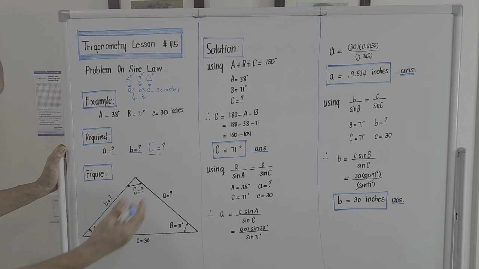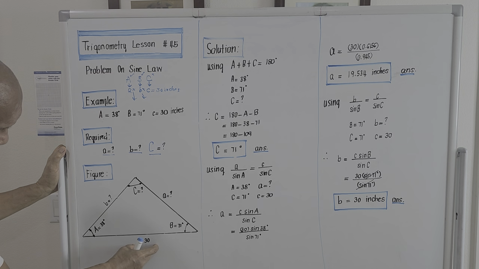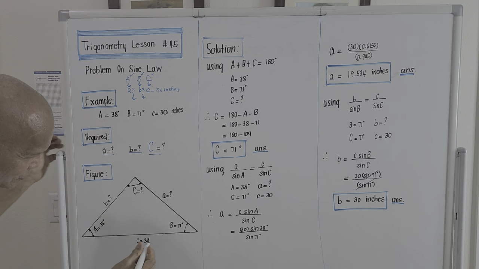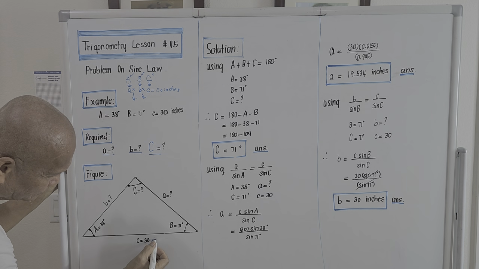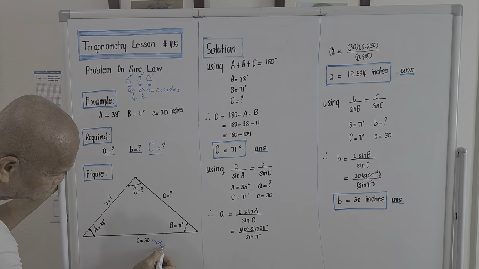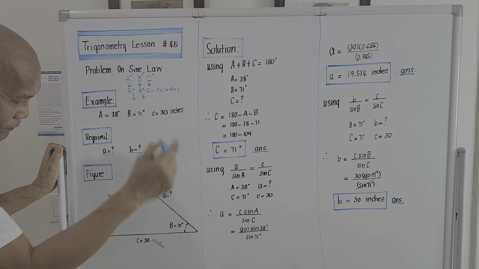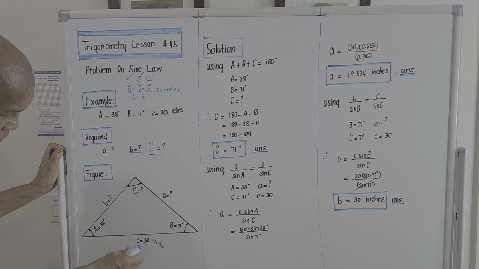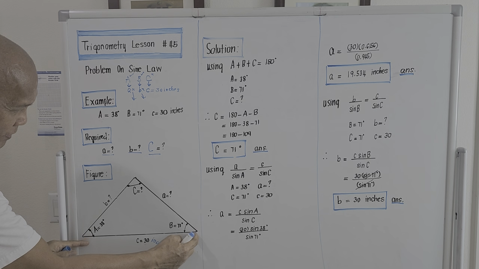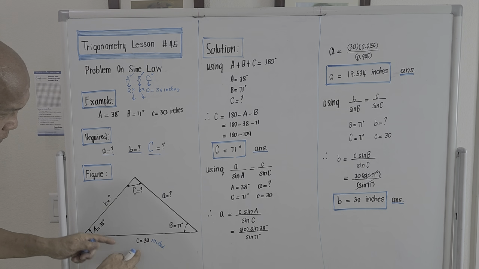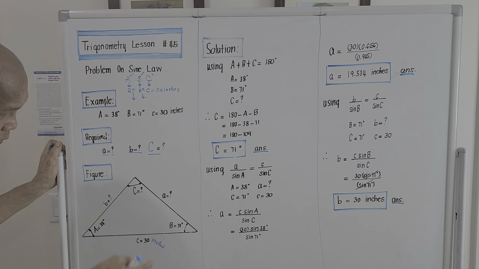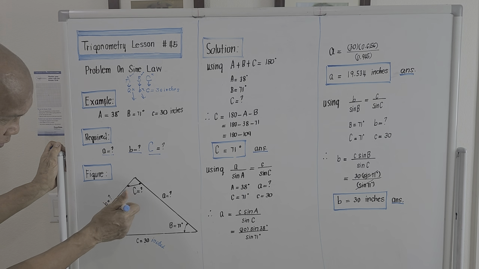What is given is side c, it's 30 inches. The unit of side c should be a unit of length, so what is given for the problem is inches. So this is 30 inches. The opposite interior angle of this side is actually angle C, and we have to look for the value of this one.